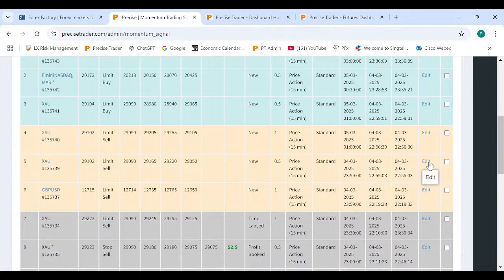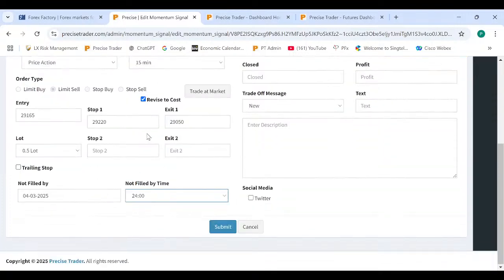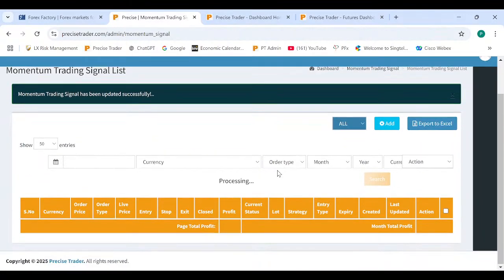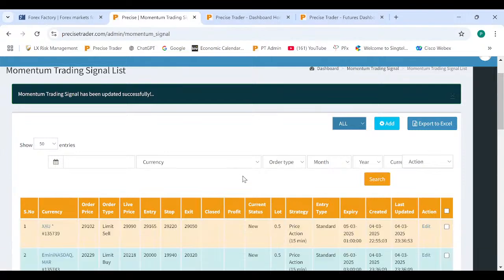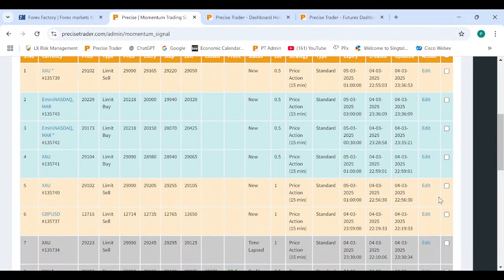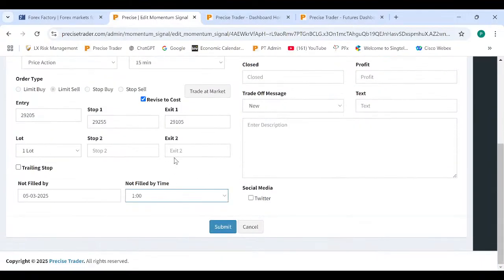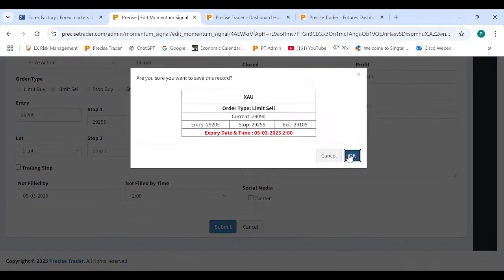This one we want to extend to 1 o'clock. Then the 20 half we will extend by another 1 hour, 2 o'clock. Okay, now what was your question?